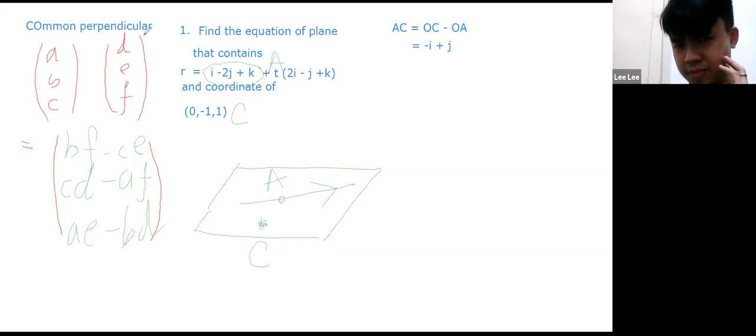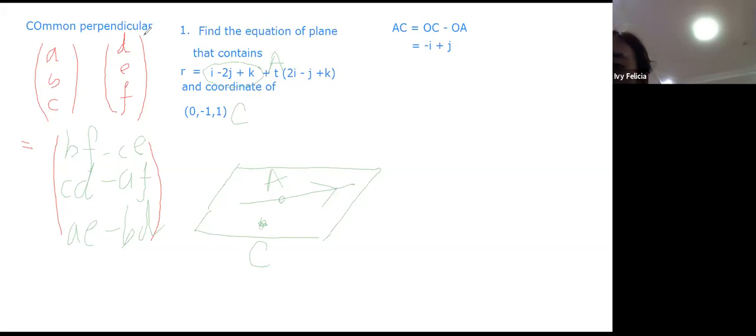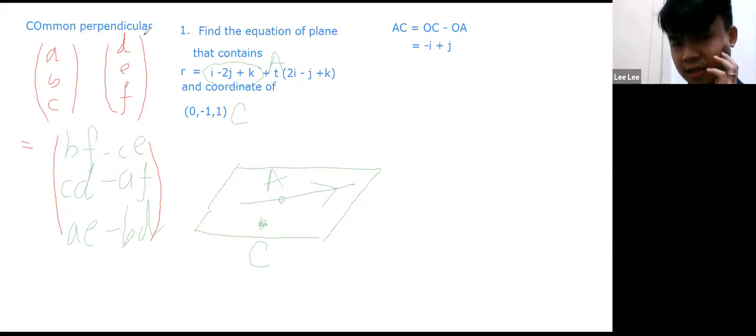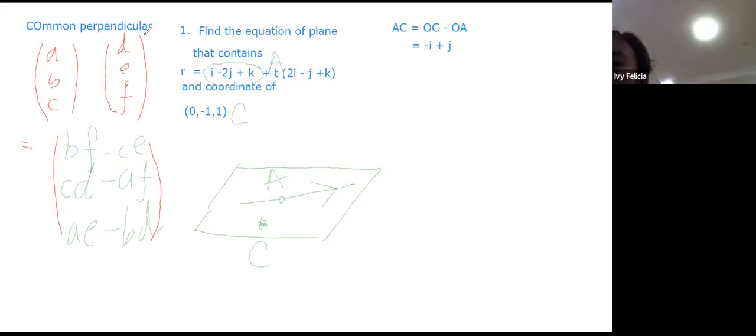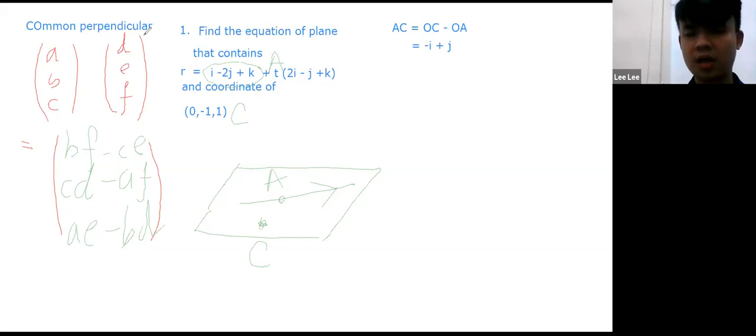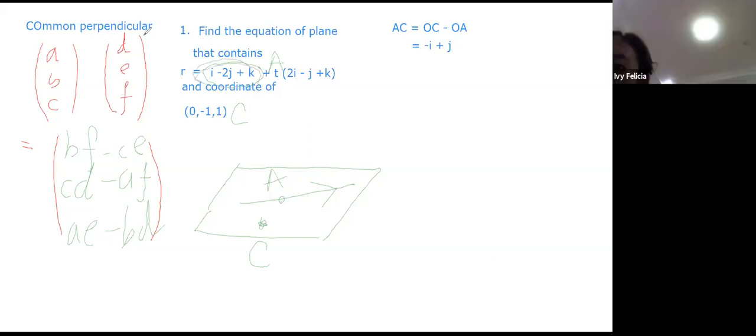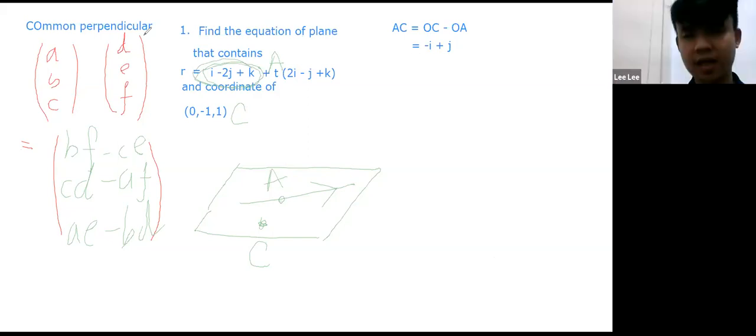Yeah, OC, no i, right? So 0 minus i. Shouldn't it be minus j plus k? No, the coordinate of A is this end. So 0 minus i is negative i, right? And -1 minus the others.